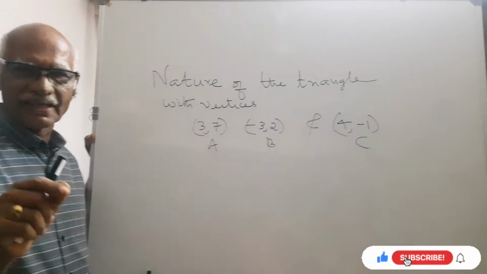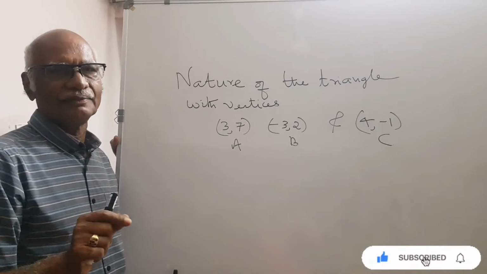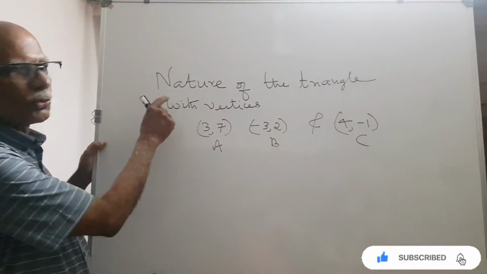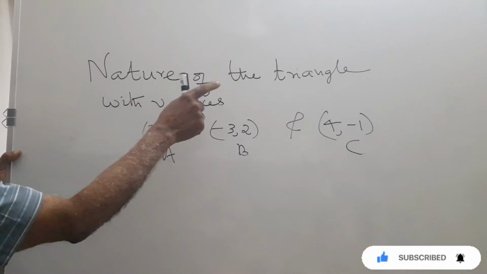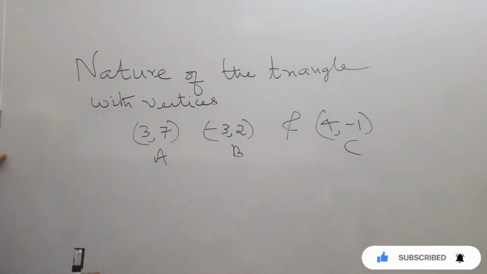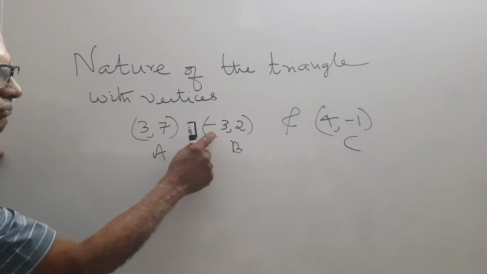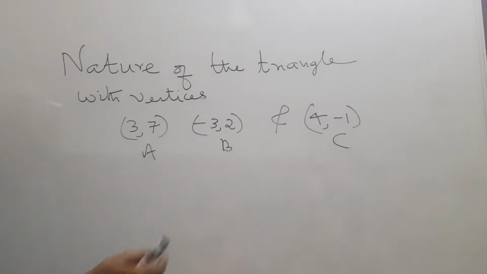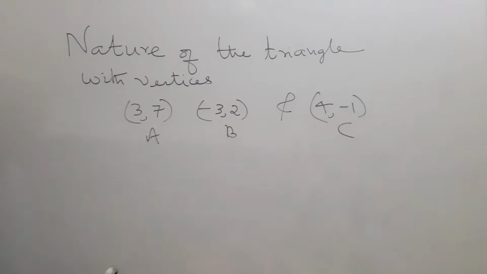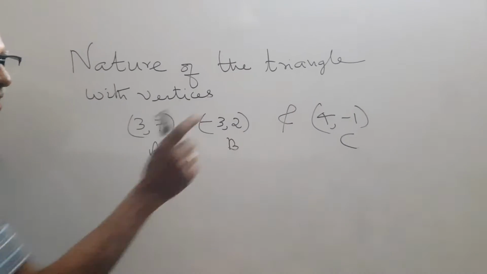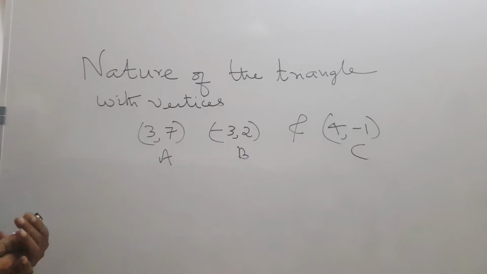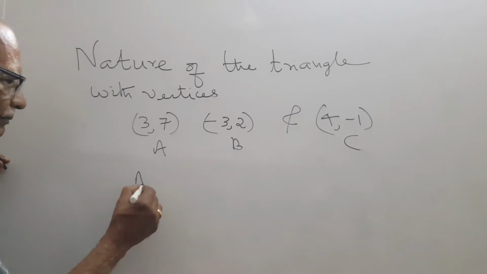Today we will be discussing the application of the distance formula. Now the question is, nature of the triangle with the vertices (3, 7), (-3, 2) and (4, -1). We name them A, B and C. First is AB square.